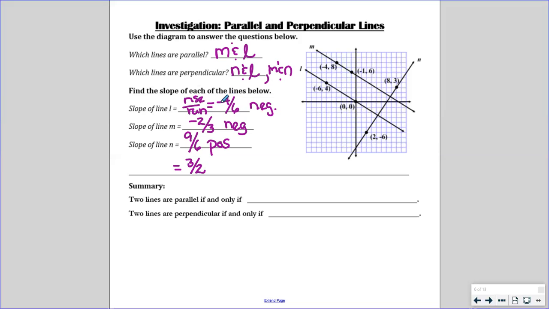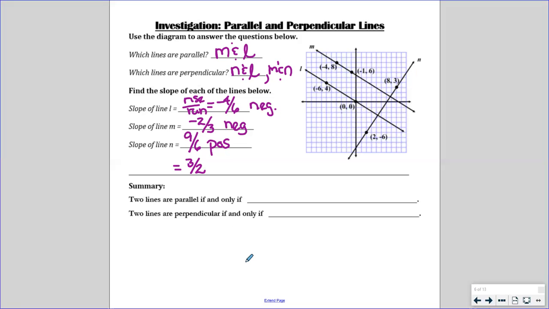And then we have -4 over 6, which can be reduced to -2 over 3. In order for lines to be perpendicular to each other, they are opposite reciprocal. That means this one was -2 over 3. The opposite reciprocal is 3 over 2. So yes, that means these lines, M and N and L and N, are perpendicular.